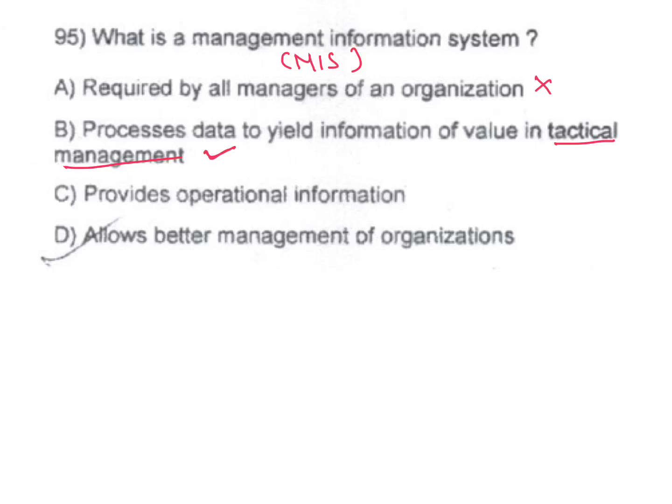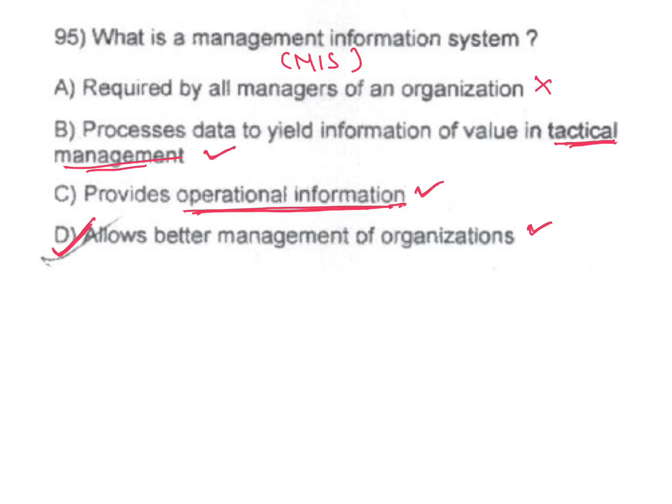Allows better management of organization. This is also useful. I think this is the most appropriate answer. Allows better management of organization, because here also we are using tactical management, and for operational information also we are using. So allows better management of organization, the best option.